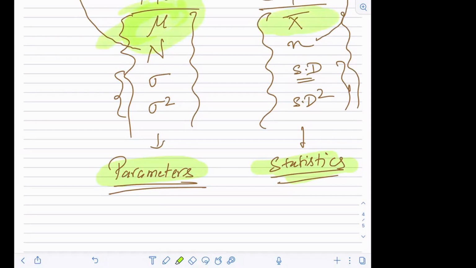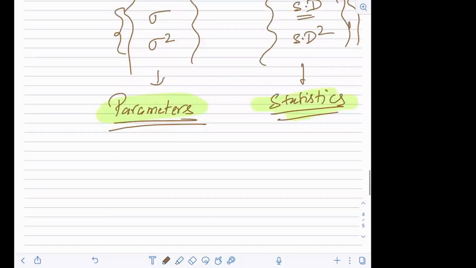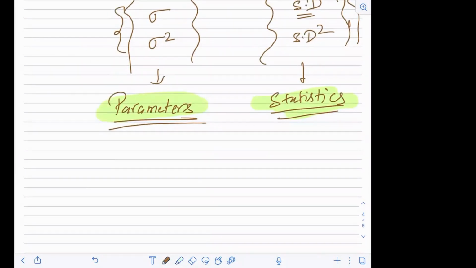And the entire notion is called statistics, and that's why the name of the subject is also statistics. So parameters and statistics is a very important question. I can also ask you in the exam what is the difference between parameters and statistics. You have to keep it in your mind.